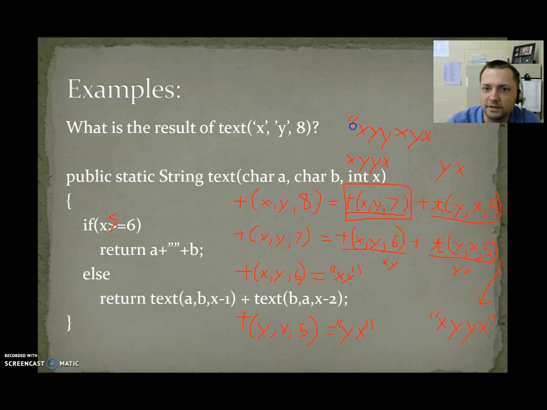And this is all text, and if we want to know what T(x, y, 8) returns, we would get this result, xyyxyx. And that's it.